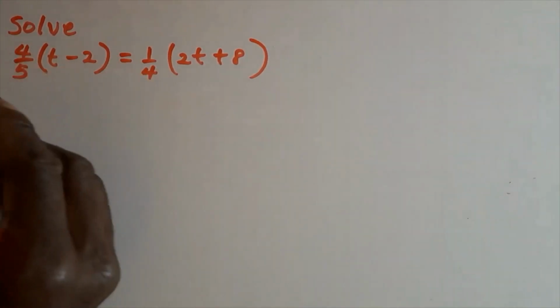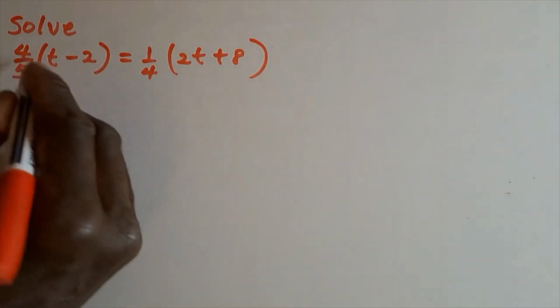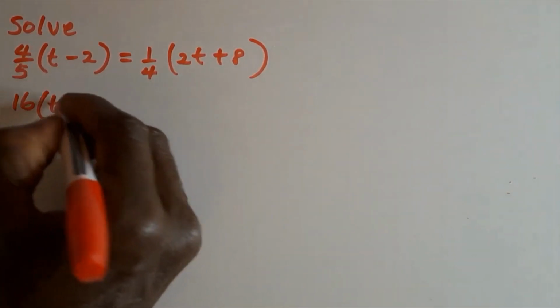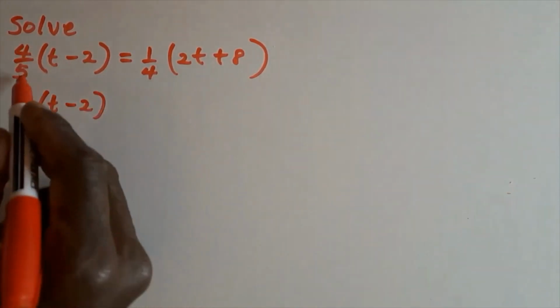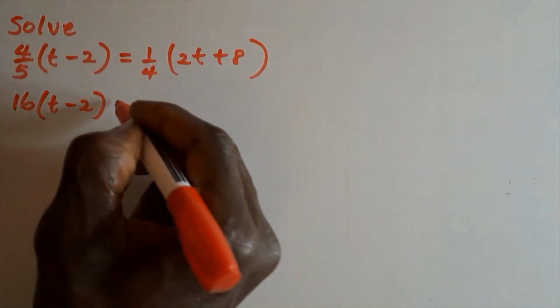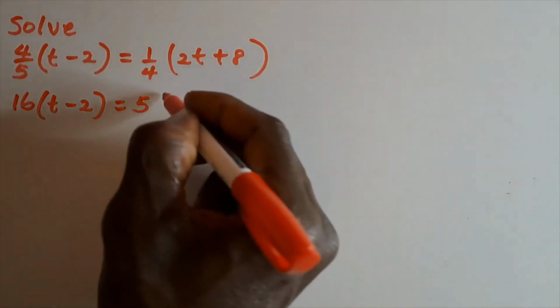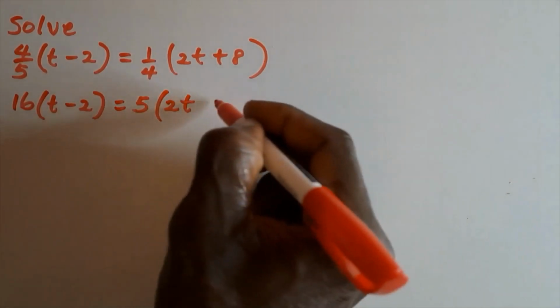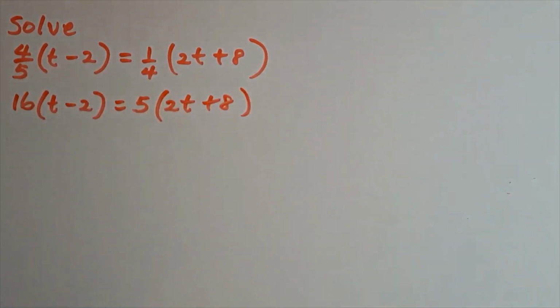In this direction will give us 16, 4 times 4, and then we have brackets t minus 2. And here, 5 times 1 gives us 5 into 2t add 8. This is a lot simpler to work with than using fractions to clear the brackets.